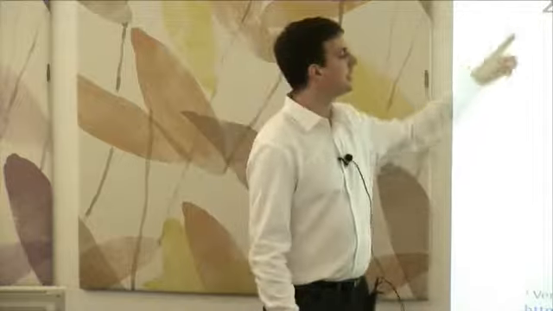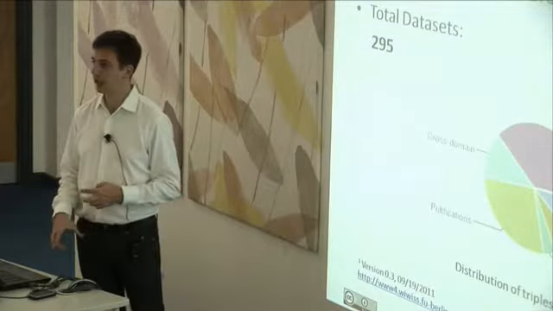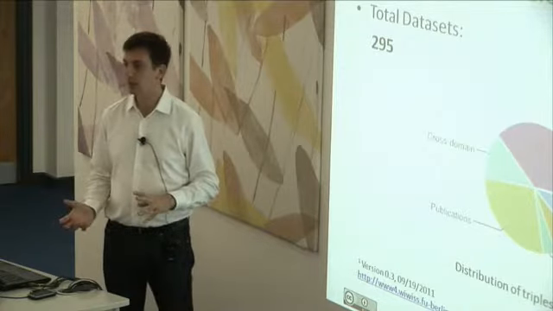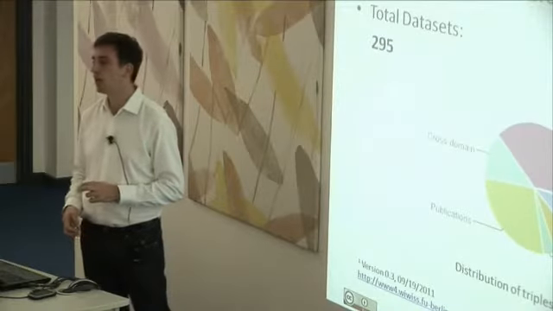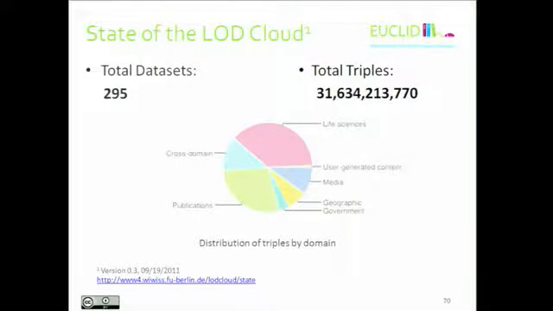And those are divided into nearly 300 data sets overall. And the pie chart shows, according to that color coding, which of the domains are more prominent in terms of open data there. So you see life sciences is quite a large proportion of that, but media, which we'll look at, is a significant chunk too.